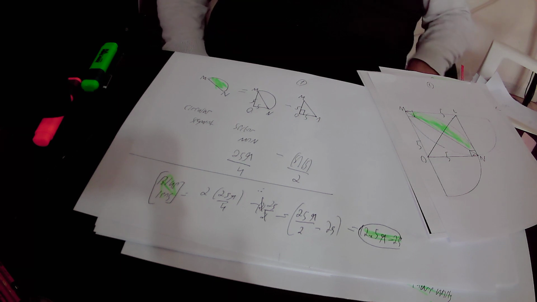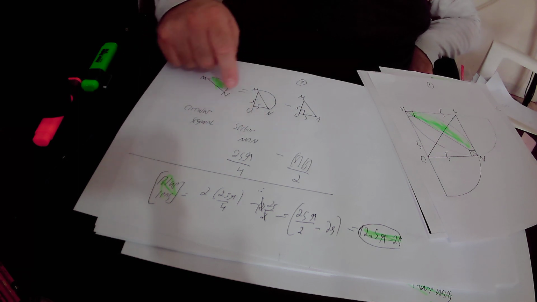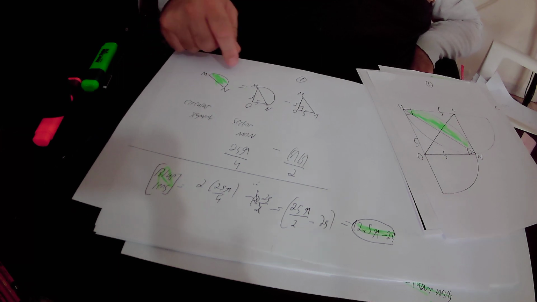Then we multiplied the area of this circular segment by 2. In this way we got the area of the blue lens, because those two circular segments are identical. The one is the mirror image of the other, so if we multiply one by 2, we get the area of the two circular segments that is equal to the area of the blue lens.